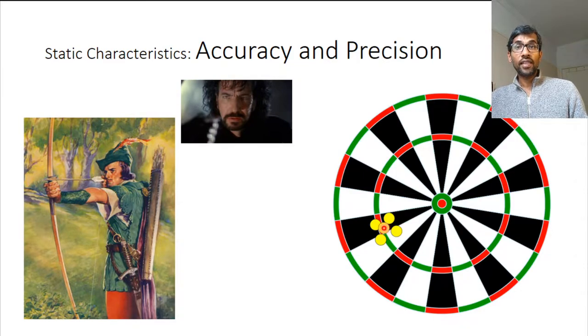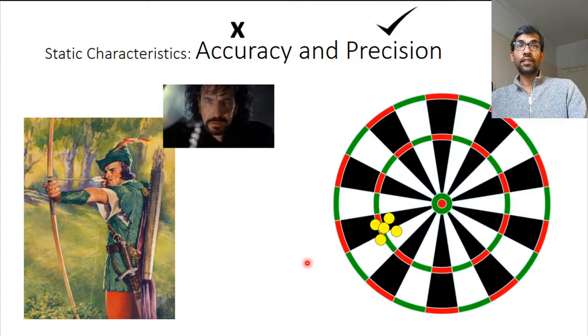All his arrows are very close to each other, so it's very precise shooting, but it's not accurate. The target is missed by a considerable amount. The true value was supposed to be here, but he's missed it. So his shooting is not accurate, but it is very precise.